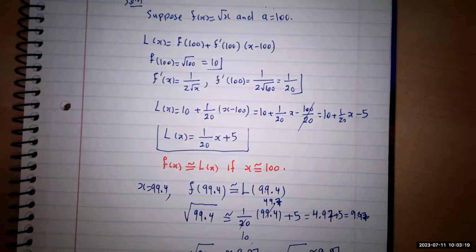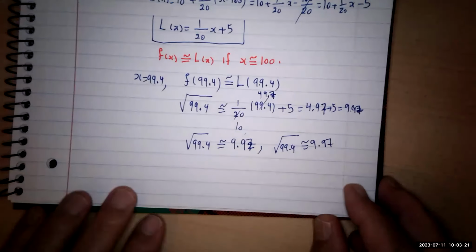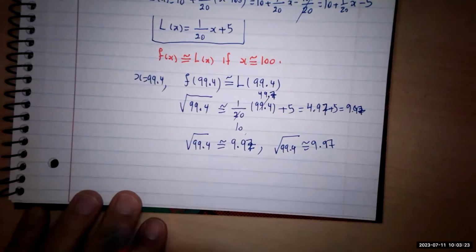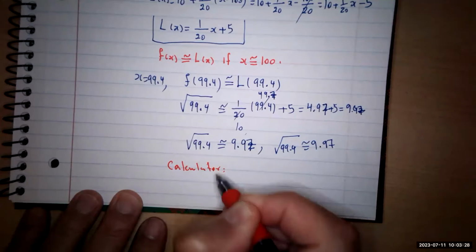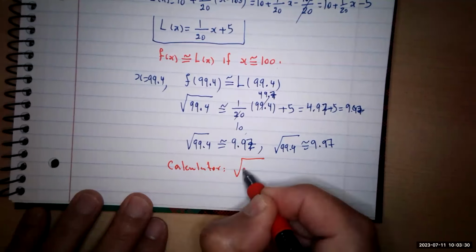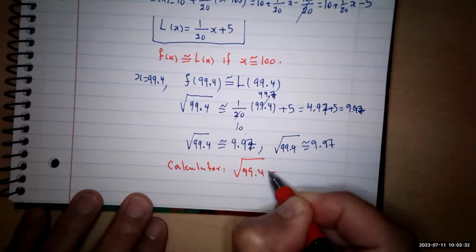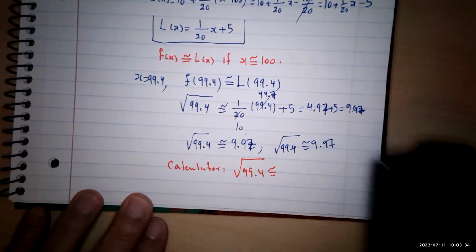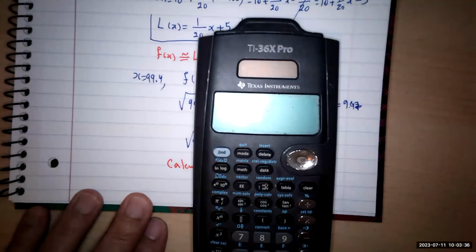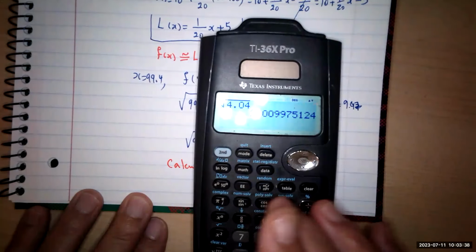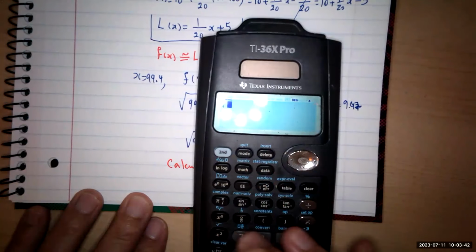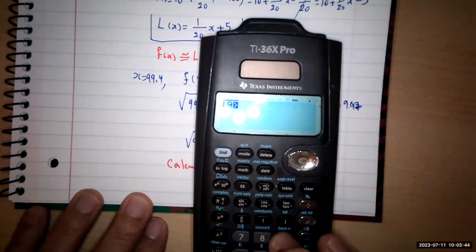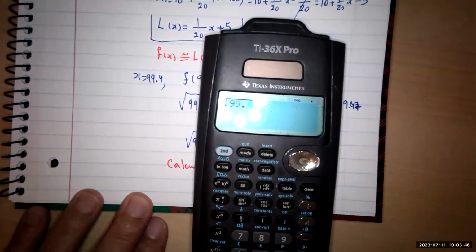But we have to confirm it. We are not done. Confirmation with the calculator. The square root of 99.4, and this is the calculator.